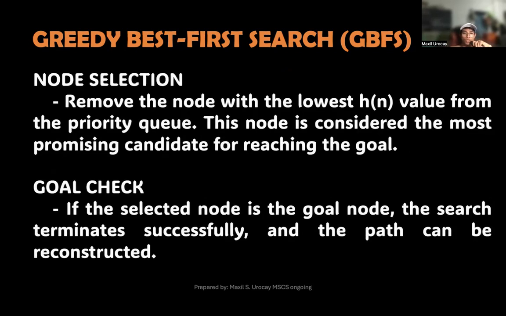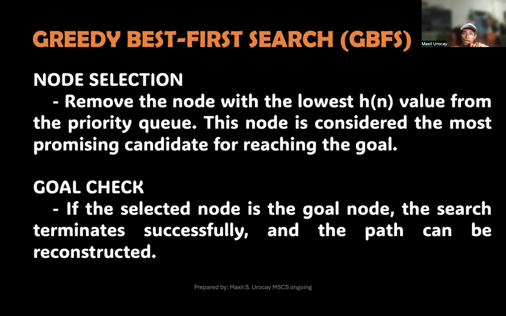Technically, for node selection, remove the node with the lowest h(n) value from the priority queue. You will definitely do this step by step. This node is considered the most promising candidate for reaching the goal.